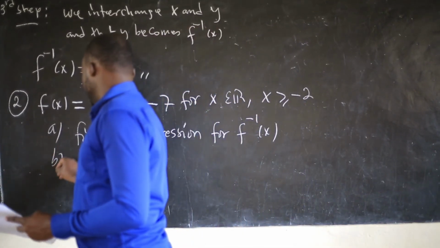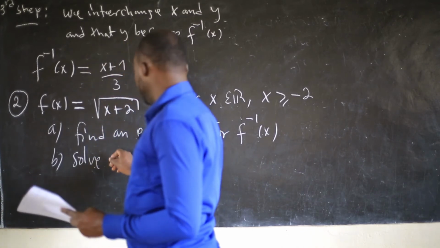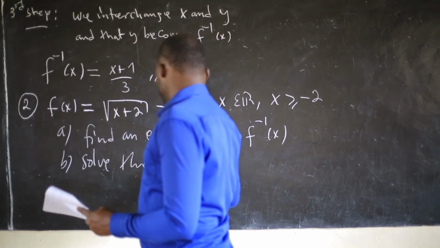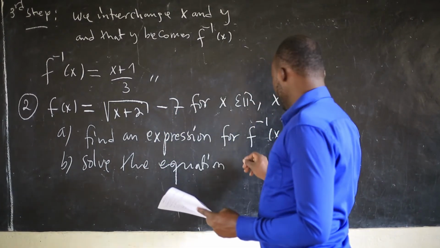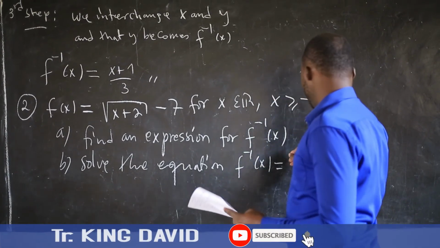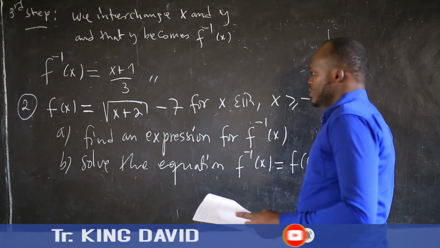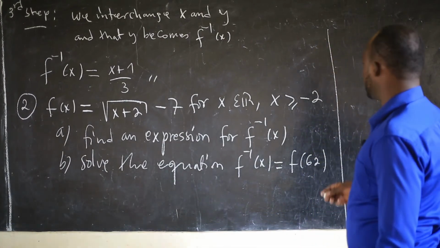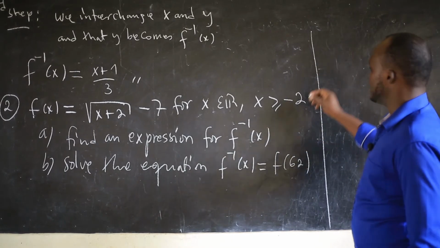B, solve the equation f inverse of x equal to f of 62. Okay, we have that function, and let's start with A.